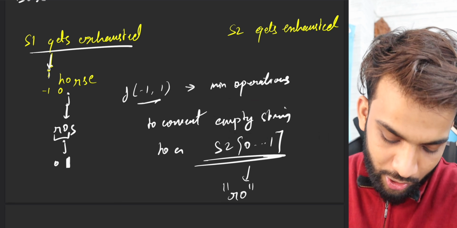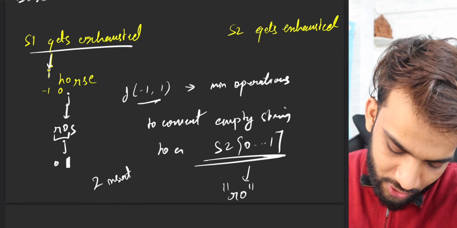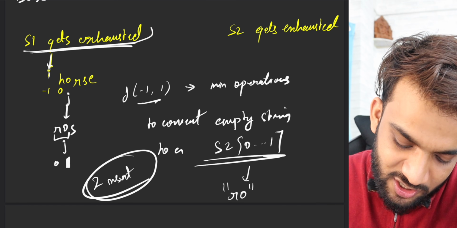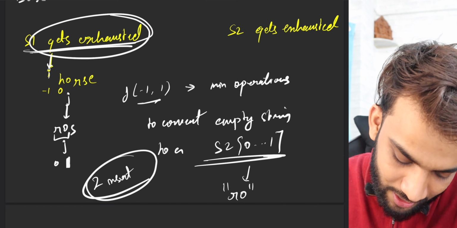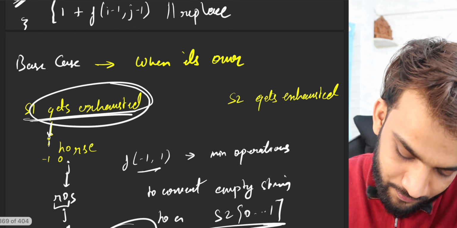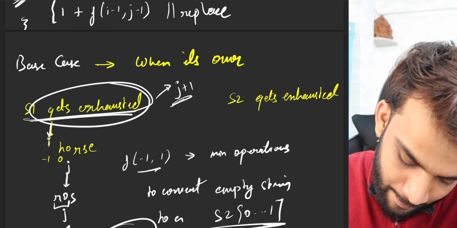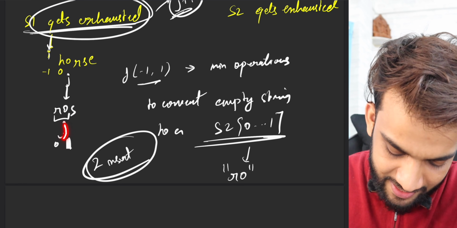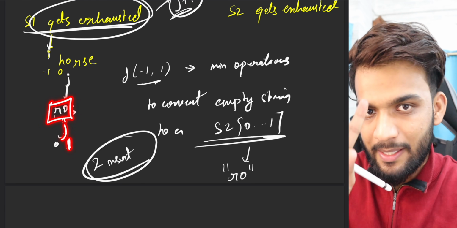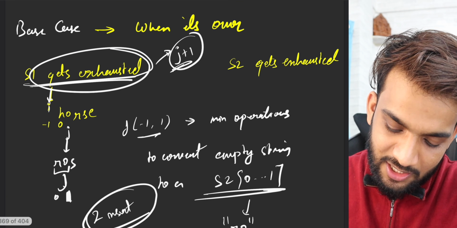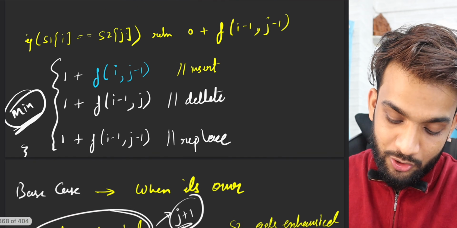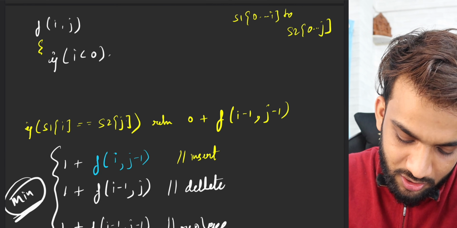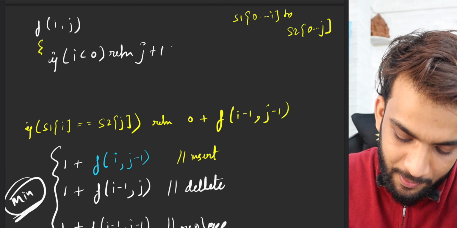Obviously, you'll require two insert operations. Can I say if string S1 gets exhausted, you end up returning J plus 1? Because if J is standing at index 1, it will take two insert steps. That's how you have to analyze. So if this string gets exhausted, you have to return J plus 1.